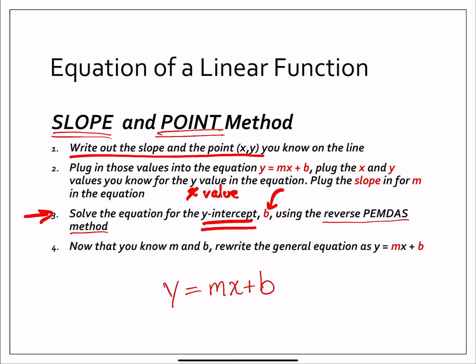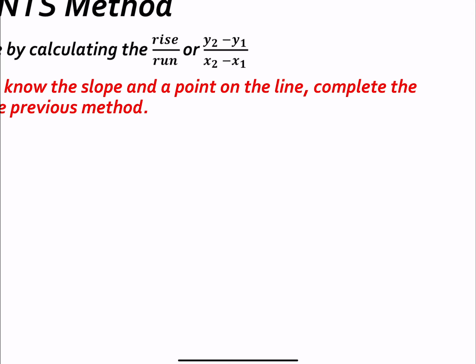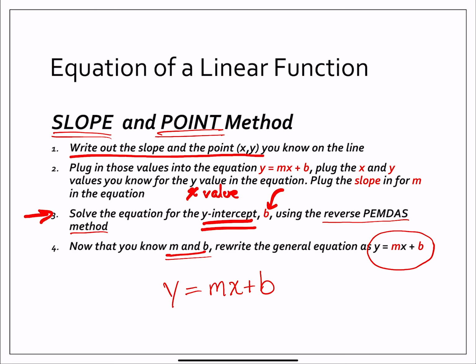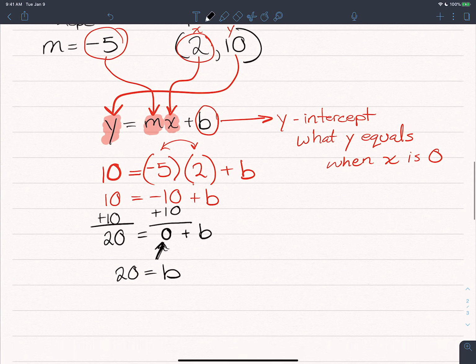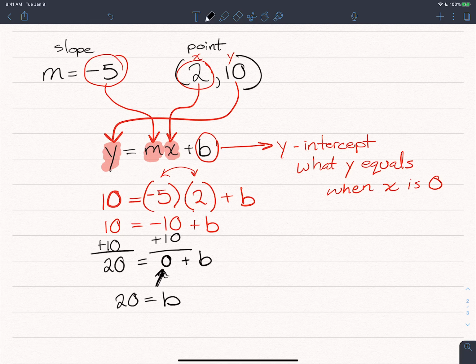That was step 3. Then step 4, now that we know m and b, we can rewrite the general form of the equation, where we just need to plug in m and b. That's the only thing we need to plug in. So let's go back to our example. We have m up here already, and we have b that we just found.